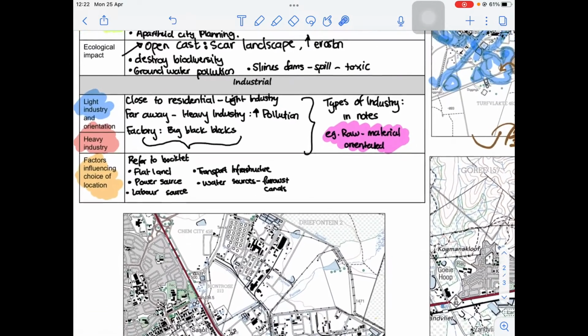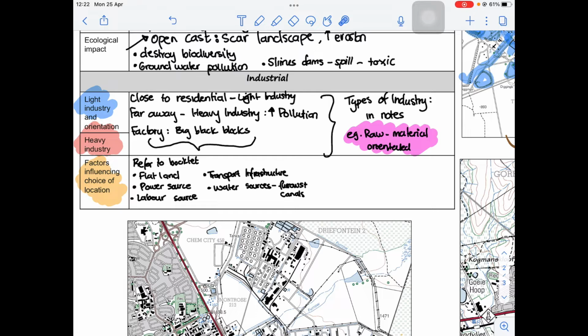If we have a look at our industrial activity, this is part of the secondary sector. And we know that the two main types of industry are either going to be light or heavy. Light is obviously where we are producing smaller products, less pollution in the process, less noise, air pollution, water pollution in the process. And so often these products can be made close to where people live.